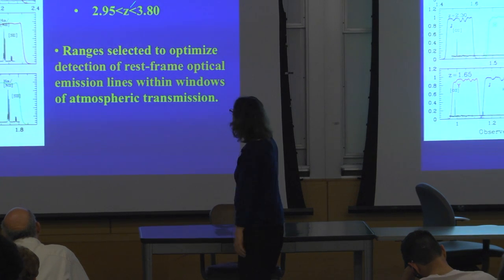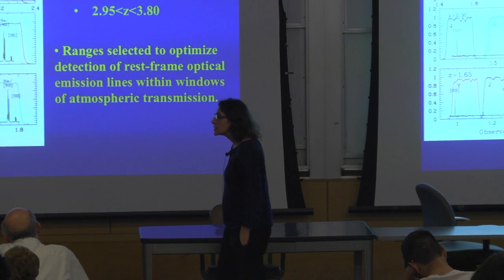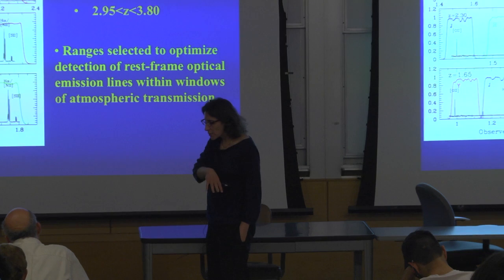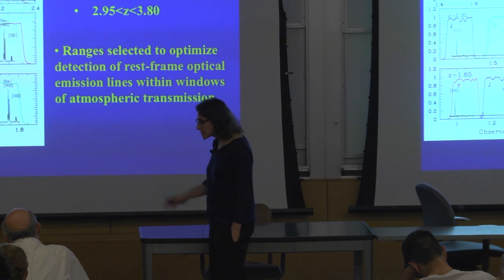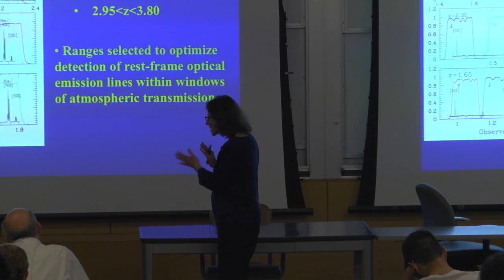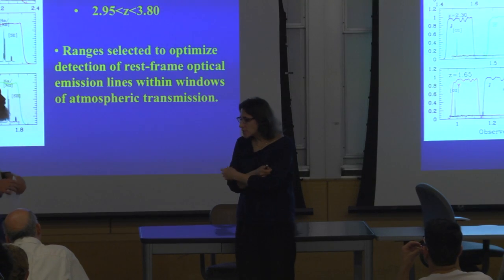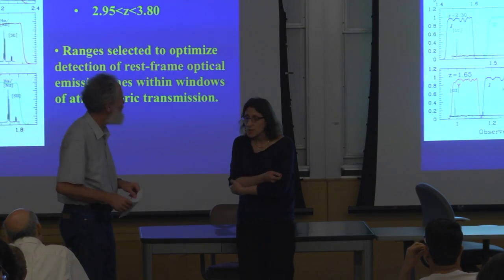So it's going to be much better when we get data beyond 3 microns. The instrument is also called NIRSpec, like the Keck instrument, but it's on the James Webb Space Telescope, and it will give us continuous coverage from 1 to 5 microns. You won't suffer from the windows. So it's a great question, and we'll hopefully be able to answer it in just a few years.